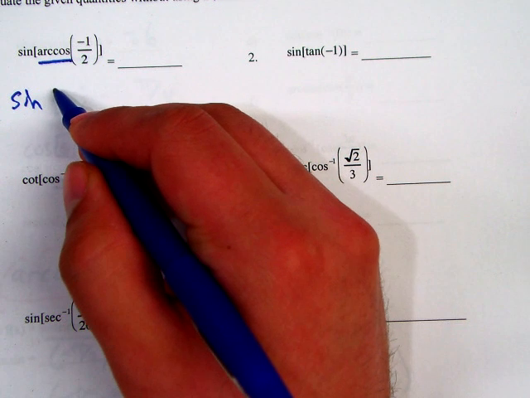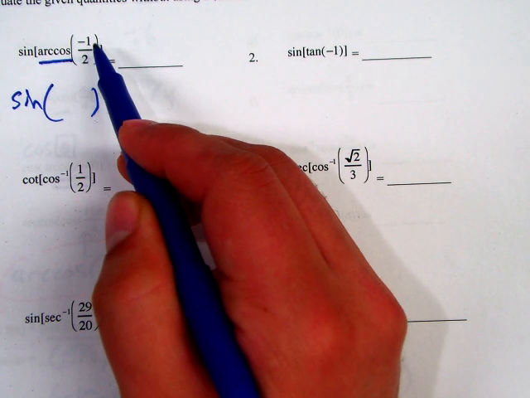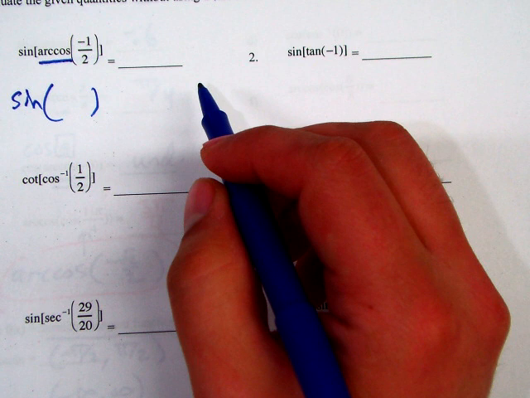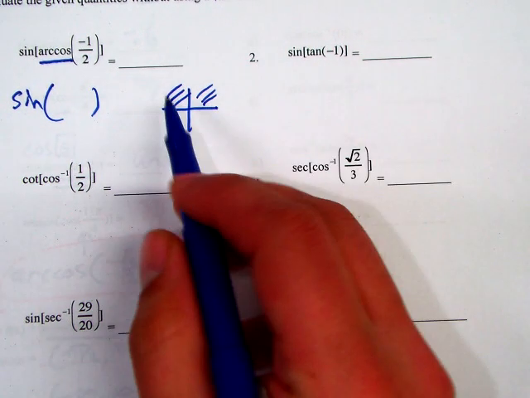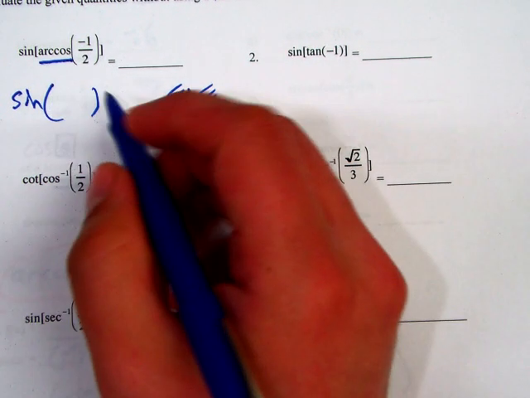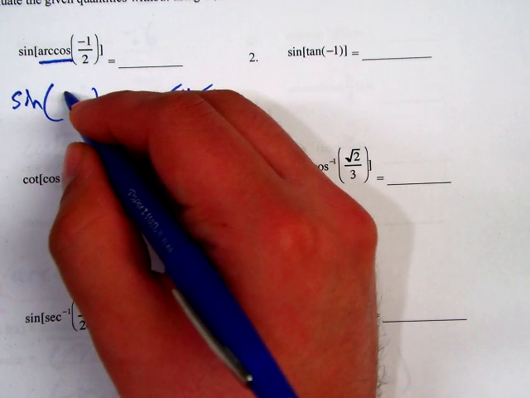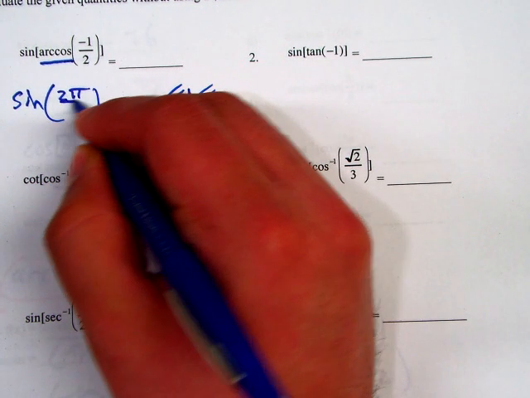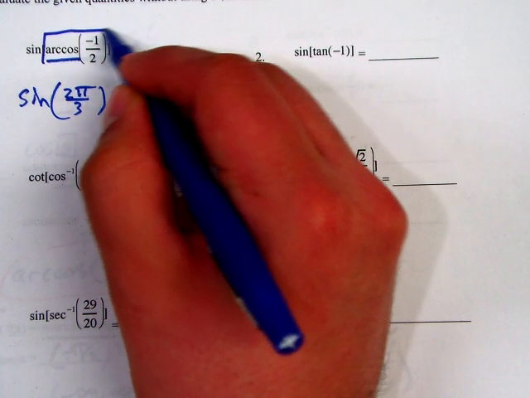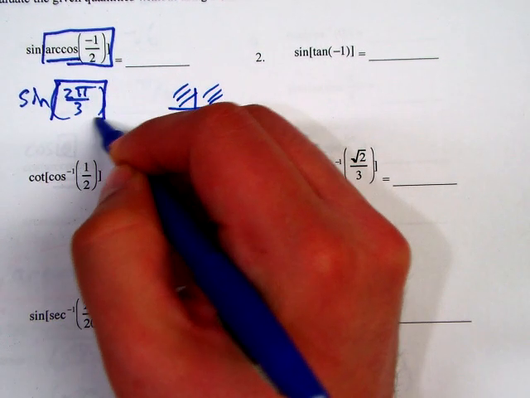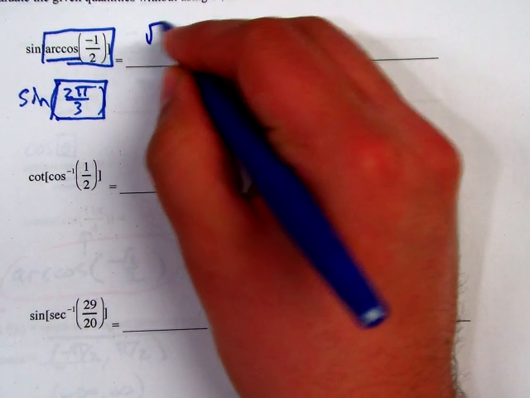What angle has a cosine of -1/2? Well, if we're looking for an angle for cosine, we're always from 0 to pi. Cosine is negative, so then the angle would have to be, let's stay in radians, 2 pi over 3. So this part right here turns into an angle, which is 2 pi over 3, and now we just take the sine of 2 pi over 3. So that's just root 3 over 2.